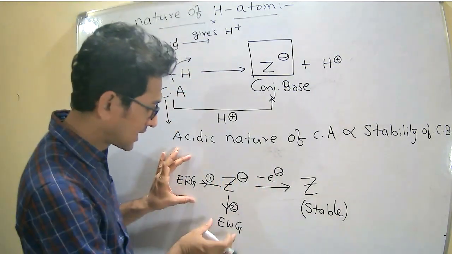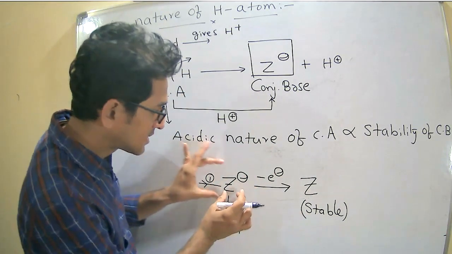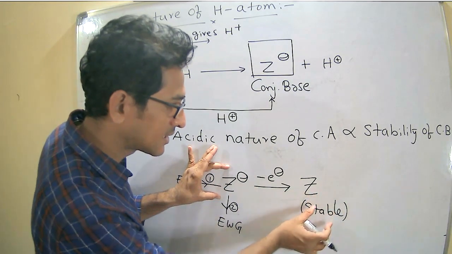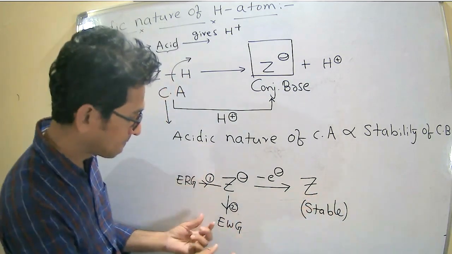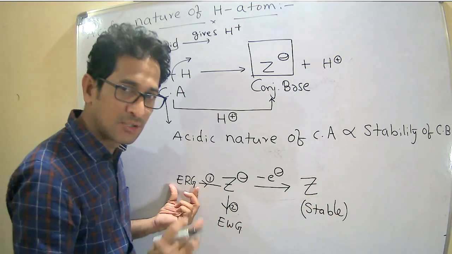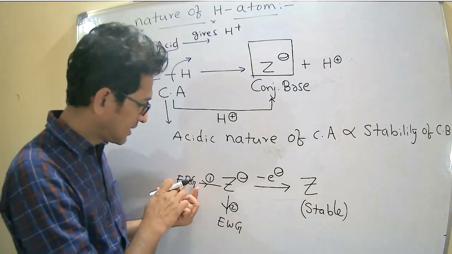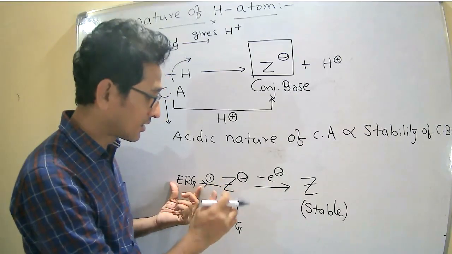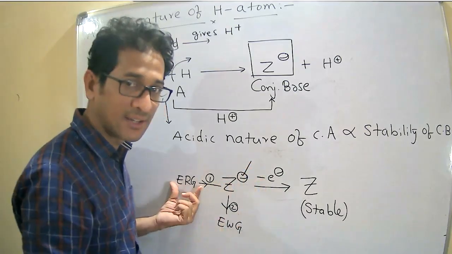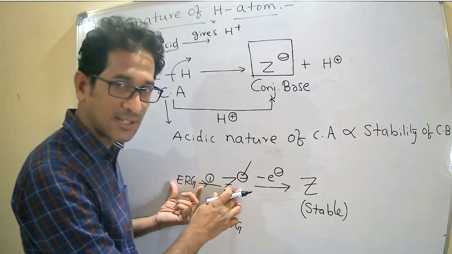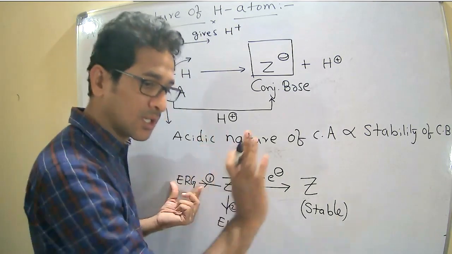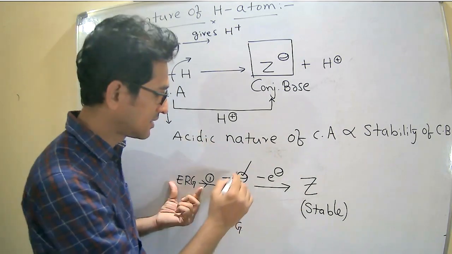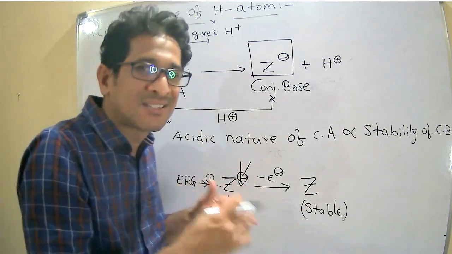Under which conditions is the anion converting into a stable neutral species? If it is an electron releasing group, as in case one, it provides electrons to the anion. Already electrons are there. It doesn't want electrons; it wants to lose electrons. But the electron releasing group provides electrons, then it is destabilized.